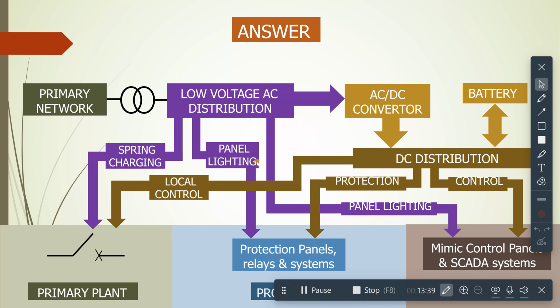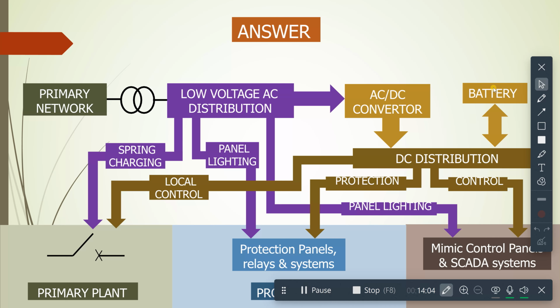The low voltage system also feeds an AC to DC converter which feeds the DC distribution board. This feeds the local control signals and the protection and control supplies to the protection and control system. And finally, we have a battery. This is there to provide emergency supplies in case the primary network fails.